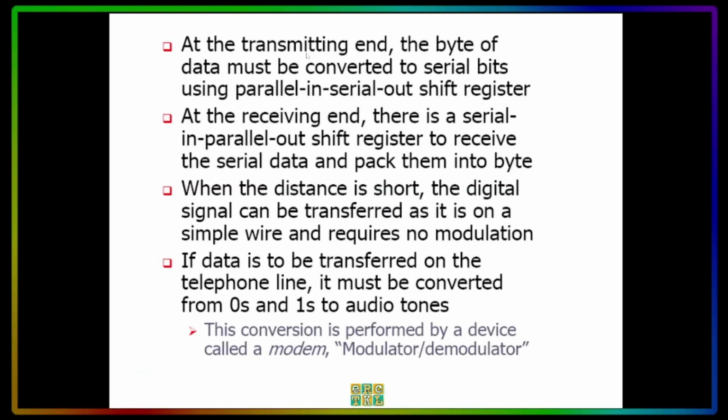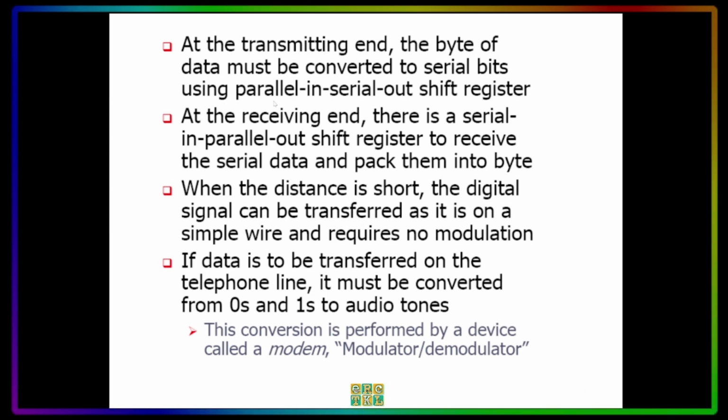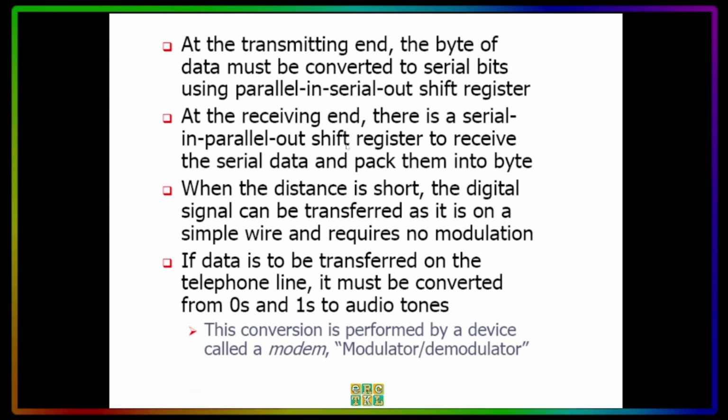Now at the transmitting end, the byte of data must be converted to serial bits using a parallel in serial out shift register. At the receiving end, there is a serial in parallel out shift register to receive the serial data and group them together into a byte.